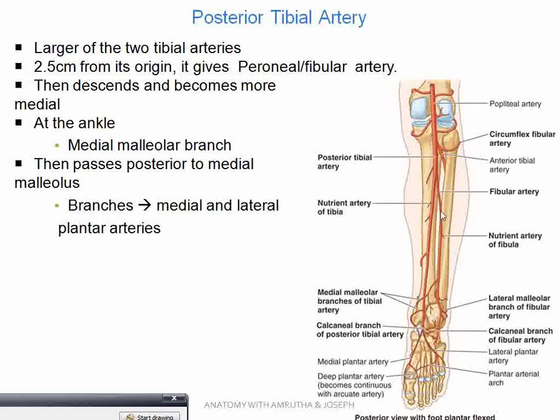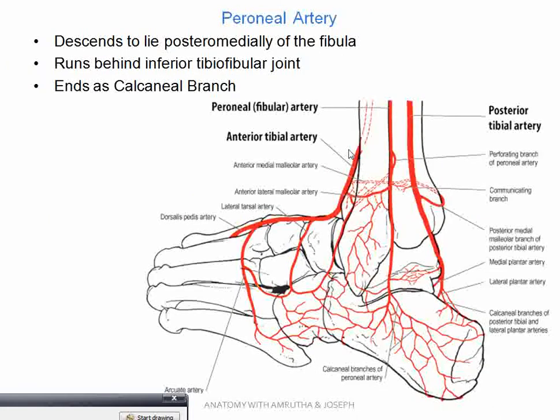The fibular artery arises from the posterior tibial artery. This artery will supply the lateral aspect of the leg. The peroneal artery descends to lie on the posteromedial aspect of the fibula. Now it runs behind the inferior tibiofibular joint.